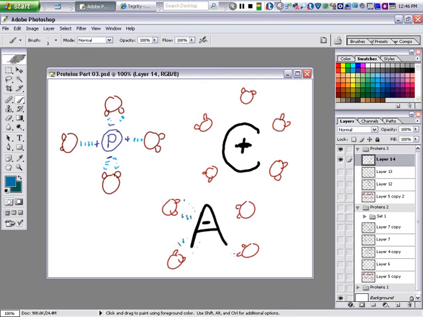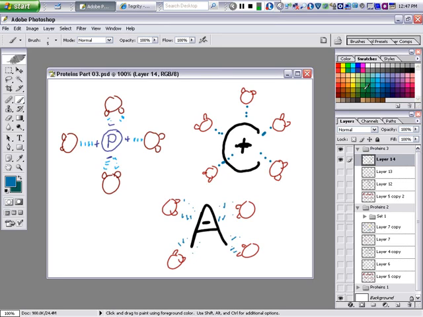They're going to be busy trying to dissolve all of this salt here. And there's going to be no water left to dissolve the proteins. There's going to be no partial positives and partial negatives in the water to try to dissolve the protein. Now the protein is going to be left to itself.